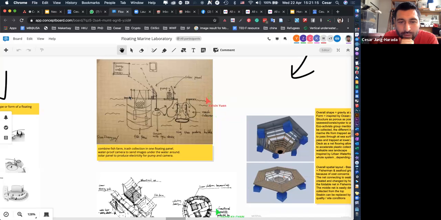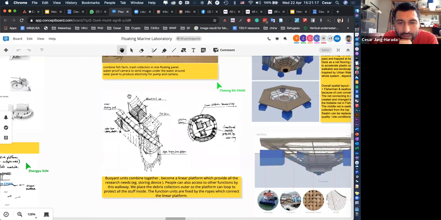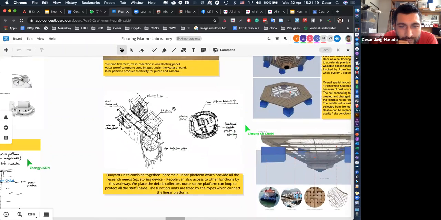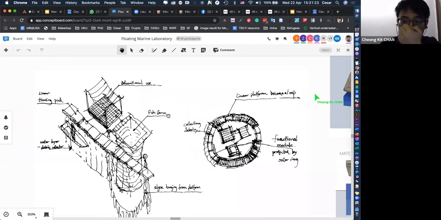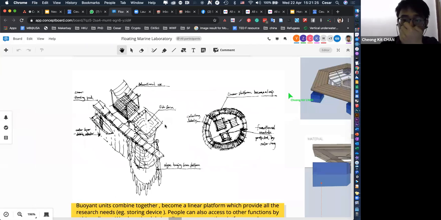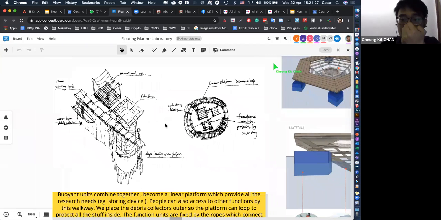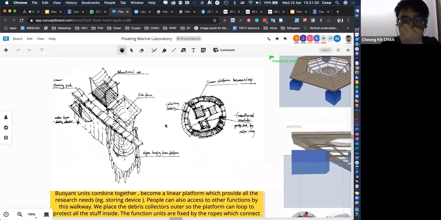Cool. Okay. The next design. Yeah, I was thinking about how we combine all the things together in an easily fabricated and reasonable pattern.